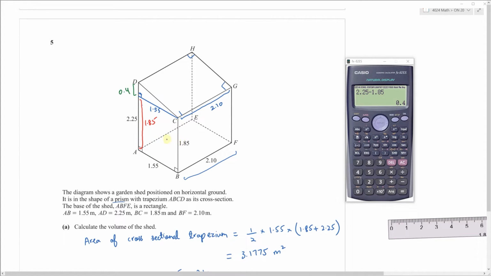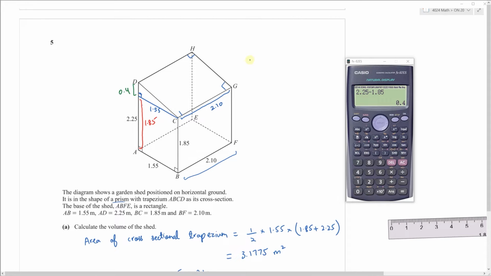So now for this right angled triangle, I know my base, I know the height, I can calculate this hypotenuse DC, which will give me the other dimension for the roof. Basically, I'm looking for this width of this rectangle.